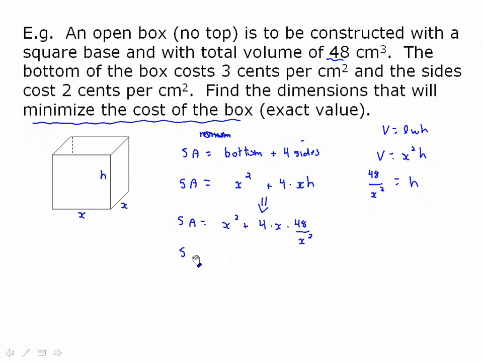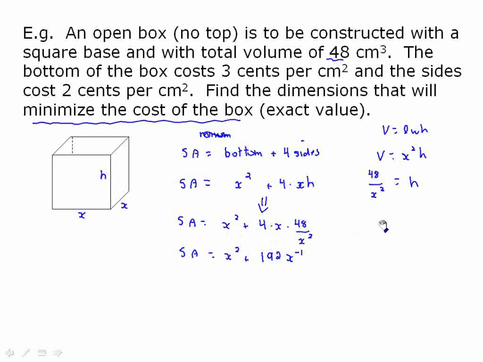So the surface area, if we did a little bit of mopping up on this one, is equal to X squared plus, well, the X will cancel, so we just have the 1 X, and then just multiply the 4 times the 48. So this should be 192, and then X on the bottom, but I'll write that as 192X to the negative 1, which eventually will make the differentiation easier.